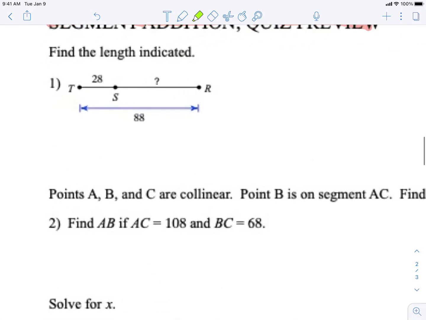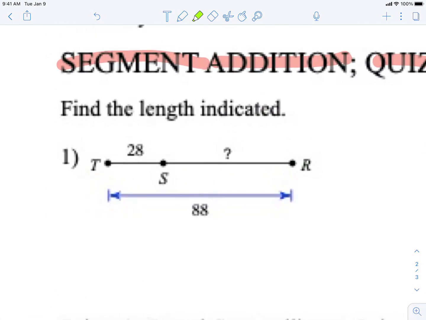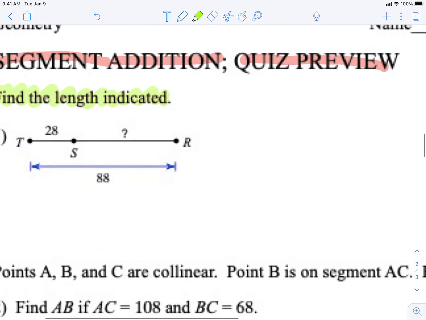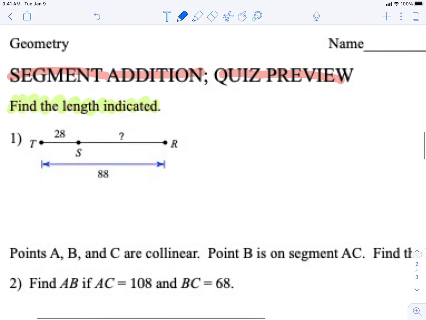Let's read our first set of instructions, which says, find the length indicated. In other words, find the missing length. So let's start with writing our short plus short is equal to long, right? So TS plus SR is equal to TR.